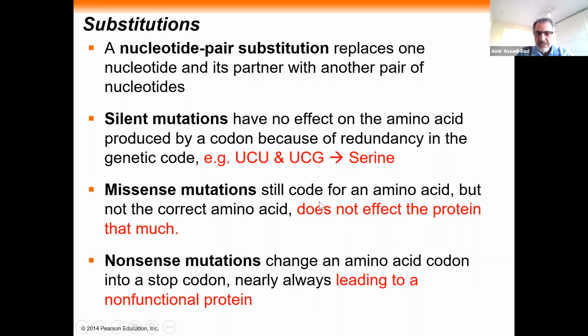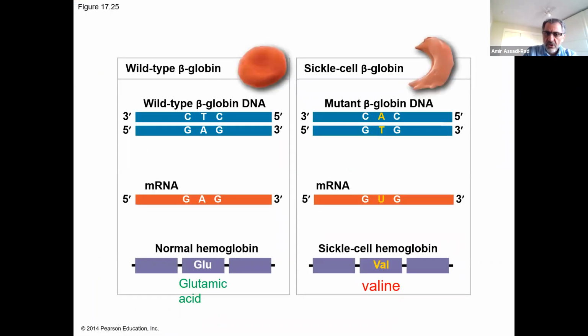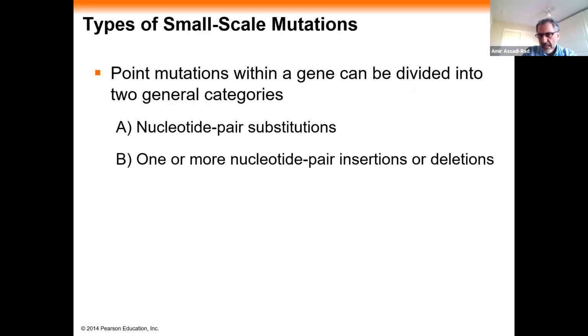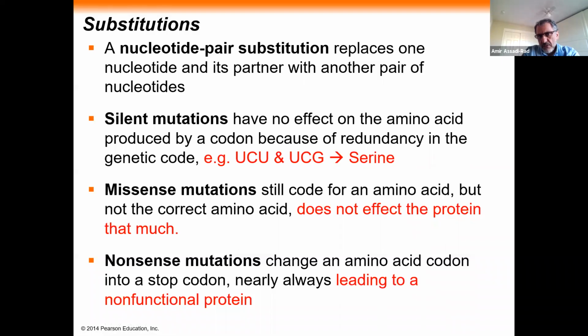Missense mutation still codes for an amino acid, but not the correct amino acid, and may not affect the protein that much. In the case of sickle cell, you saw valine makes the protein, the shape of the cell and everything drastically different. But sometimes, instead of glutamic acid, valine doesn't make that much of a difference.